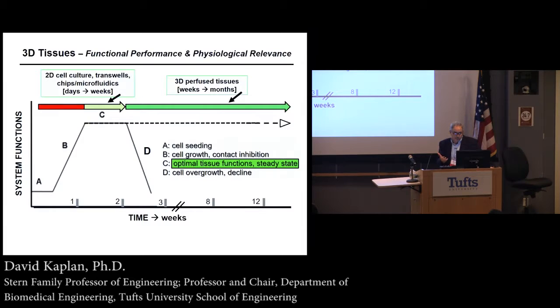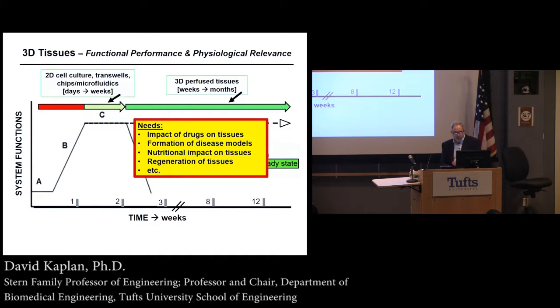And again, if we're looking for long-term effects, we need to get to perfused cultures, and we can go out for months and months at a time. So it's good to keep all that in mind if you're really interested in the kinds of things both this symposium is about, as well as what I mentioned before, nutritional issues, drug effects, and for us also just tissue regeneration. Can we damage our tissues, watch the repair, and learn how to improve those repair modes? Even all in vitro, we learn a lot by doing that.